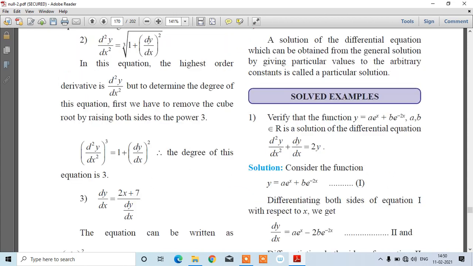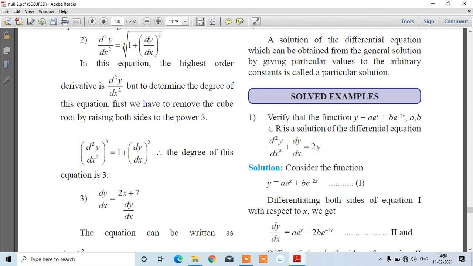Okay. Now the next one. Suppose the differential equation given to you is d square y upon dx square is equal to cube root of 1 plus (dy by dx) bracket square. Now there is a cube root, so a fractional index is given here. In this equation, the highest order derivative is d square y upon dx square. But to determine the degree, first we have to remove the cube root by raising both sides to the power 3. After taking the cube on both sides, the cube root will get cancelled.